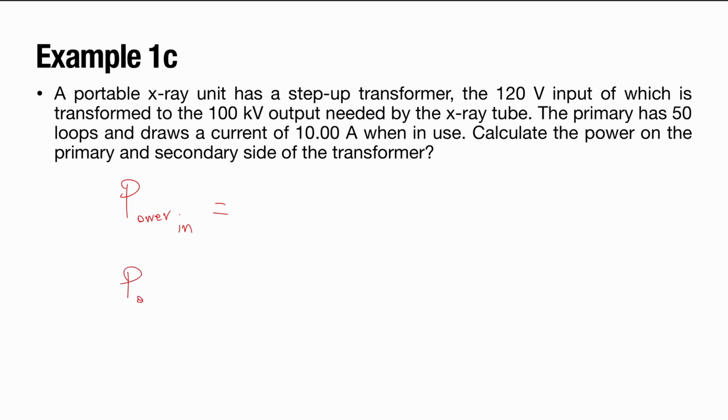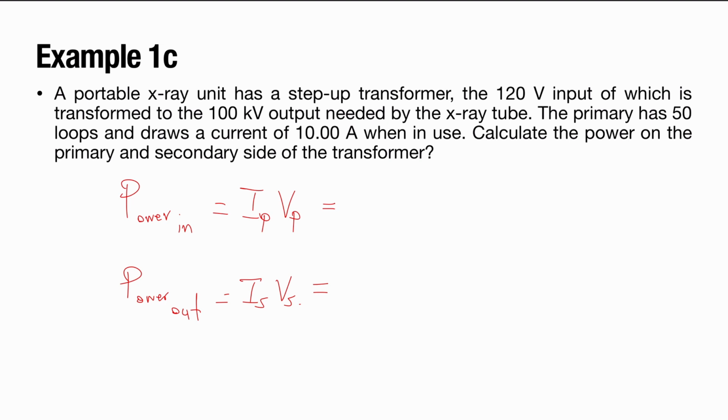Compare that to the power on the secondary side, that is the power out. So remember, this is going to be Ip Vp and this is going to be Is Vs. Post your findings also and tell me, are these different? Are they equal? Is one larger than the other?